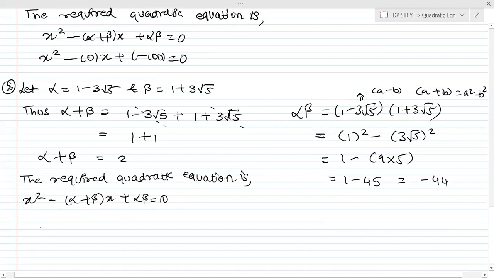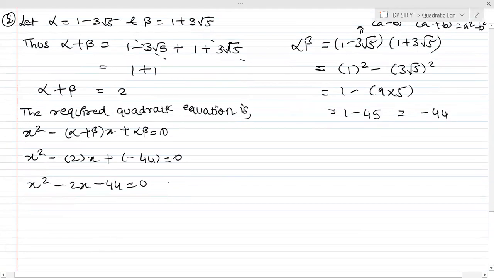What is it then? It is going to be x square minus alpha plus beta x, what is that? 2x plus alpha beta, what is that? Minus 44 is equal to 0. Therefore, x square minus 2x minus 44 is equal to 0. Okay. This is the required quadratic equation. Don't forget to write. This is the required quadratic equation.